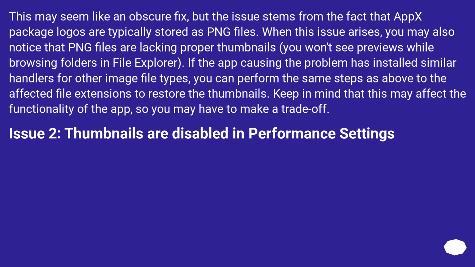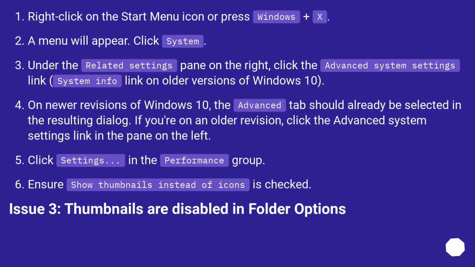Issue 2. Thumbnails are disabled in performance settings. Right-click on the Start menu icon or press Windows plus X. A menu will appear. Click System. Under the Related Settings pane on the right, click the Advanced System Settings link, System Info link on older versions of Windows 10.